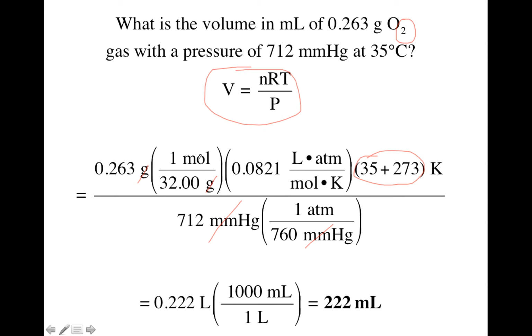So now when I do the math, this time the moles are going to cancel, K is going to cancel, ATMs is going to cancel. And you will get your final answer in liters from the ideal gas law, but then they asked it to be changed to milliliters, so you would just multiply by 1,000 to get your final answer in milliliters.